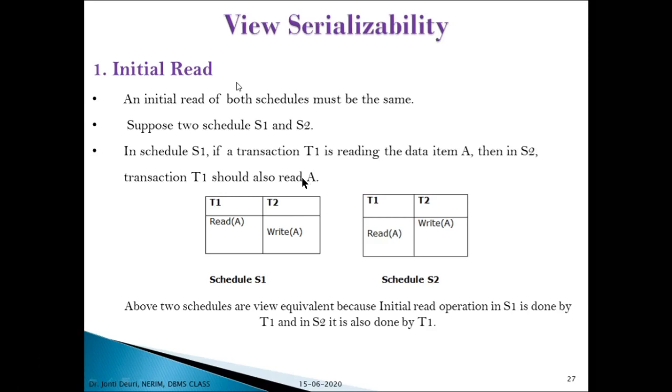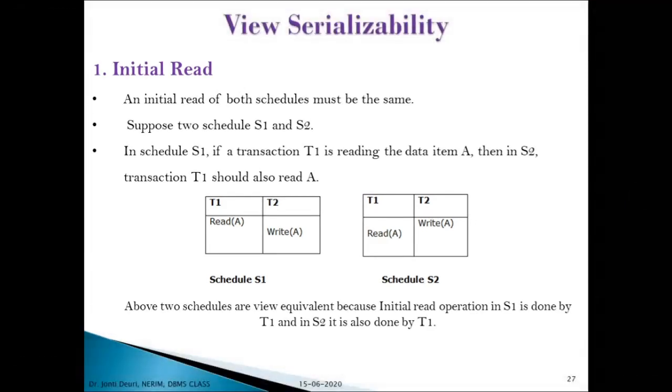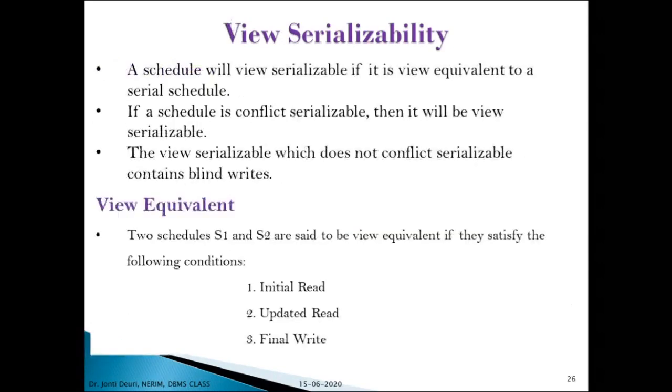Okay. So we were discussing view serializability. We can say that two schedules are view equivalent if they satisfy three conditions: initial read, update read, then final write.